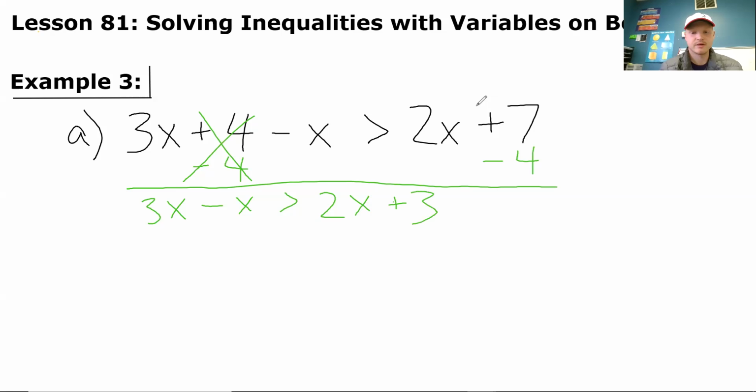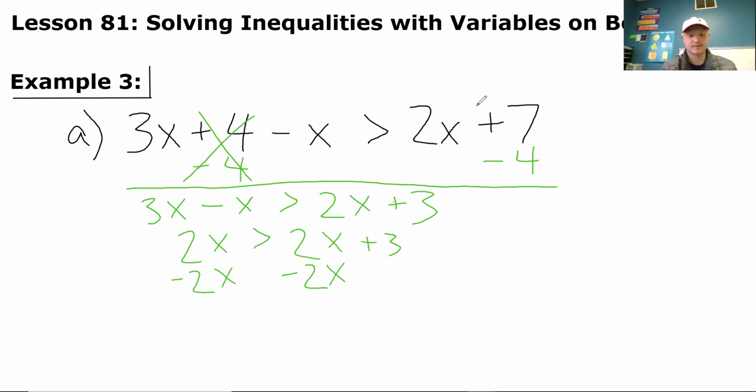Now add your like terms. So I'm going to take 3x minus x. We have 2x is greater than 2x plus 3. Okay, so when I subtract 2x from both sides, you're going to notice something.